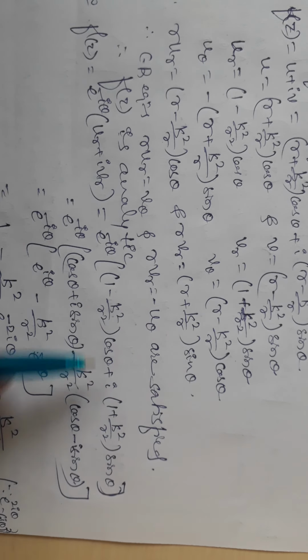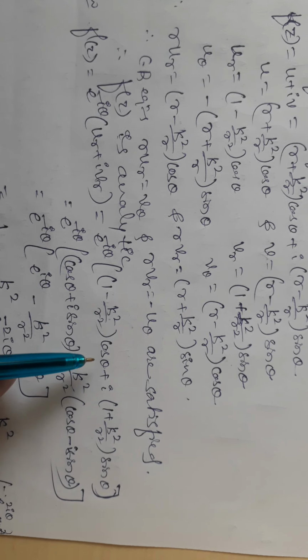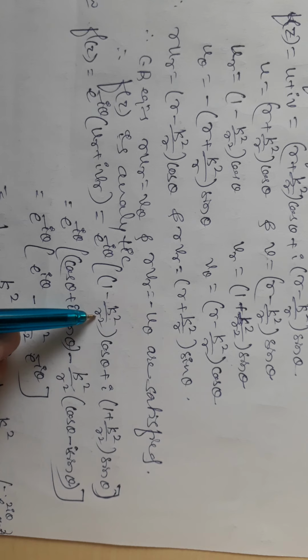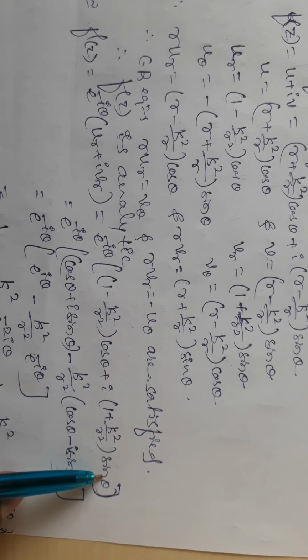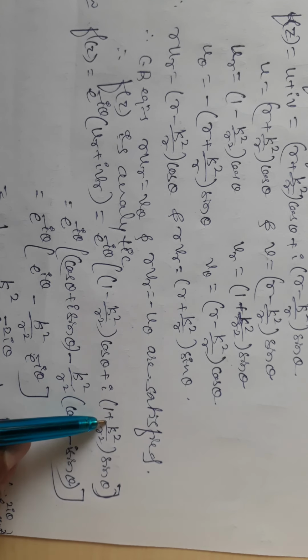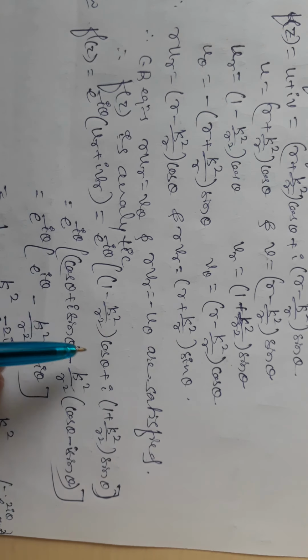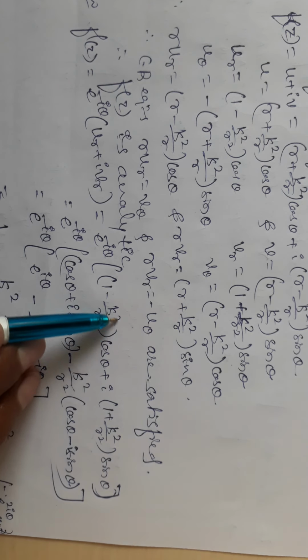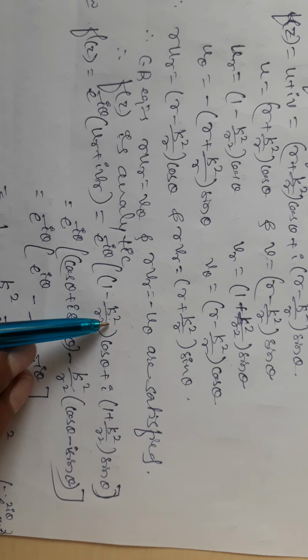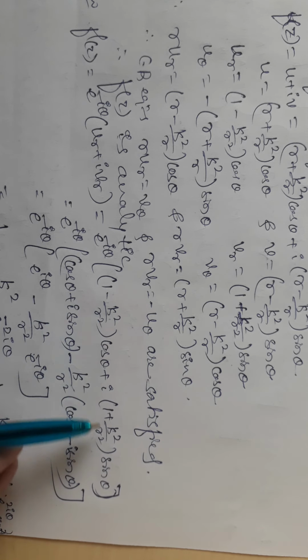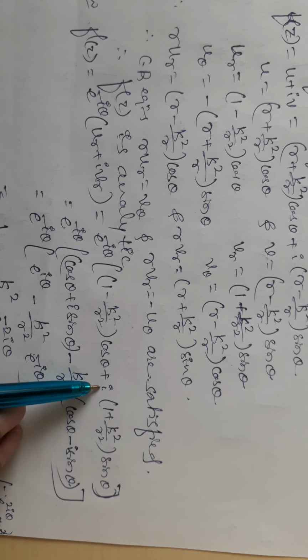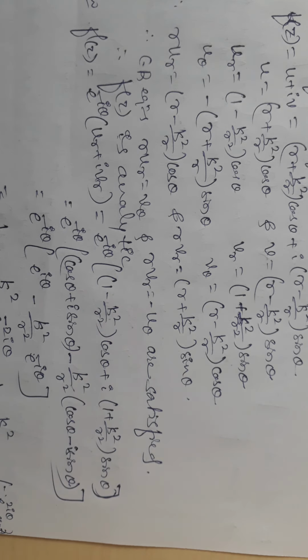Here we can multiply inside: cos theta minus k square by r square cos theta plus i sin theta plus i k square by r square sin theta. We can take cos theta plus i sin theta separately, and minus. Here I will take minus k square by r square common, remaining is cos theta. If I take the minus outside, it will be minus, therefore minus i sin theta.